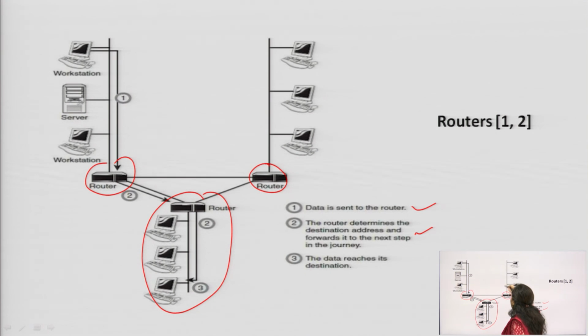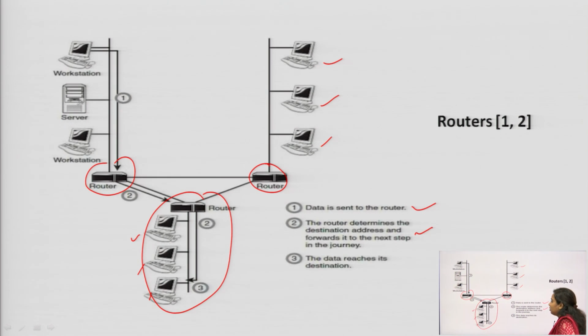So, 3 routers we are using, and these are the different computers connected over here. In the first case the data is sent to the router. Secondly, the router determines the destination address and forwards it to the next step in the journey, and the data reaches the destination.